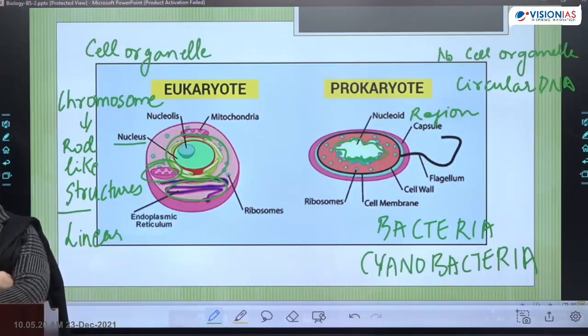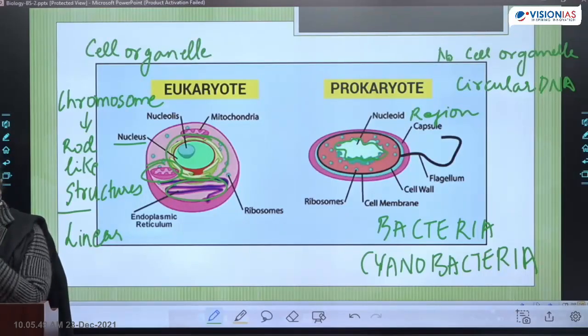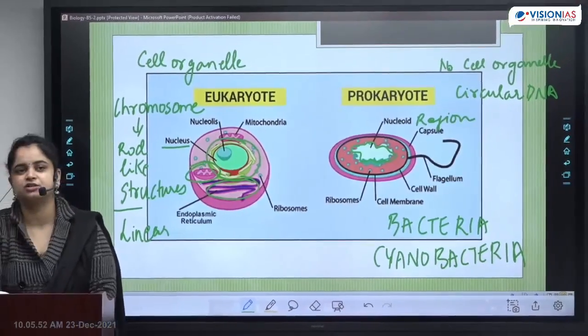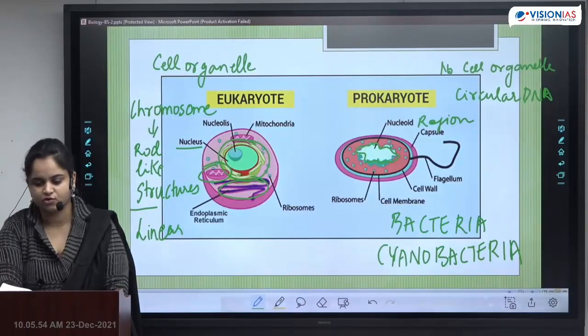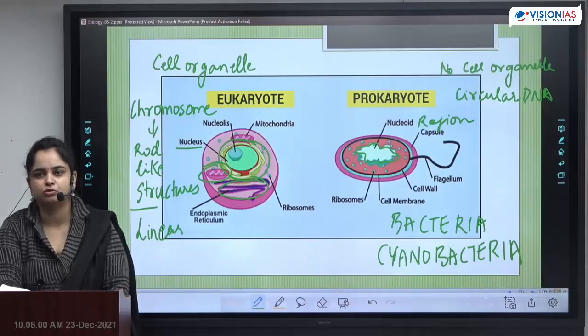The genetic material is linear and is organized in the form of rod-like structures called chromosomes.